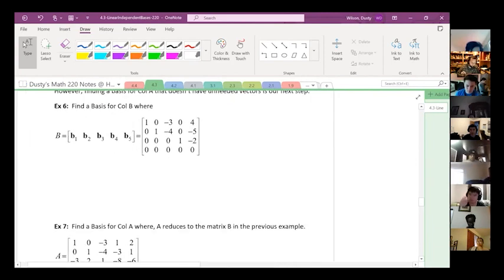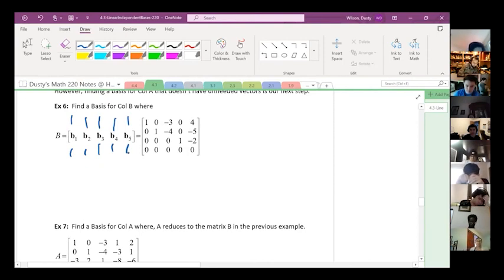Suppose I had some matrix B, and my matrix B had 5 columns. Here's B1, B2, B3, B4, B5. They're already shown, put in some order that is in reduced row echelon form, just because that was convenient to us.